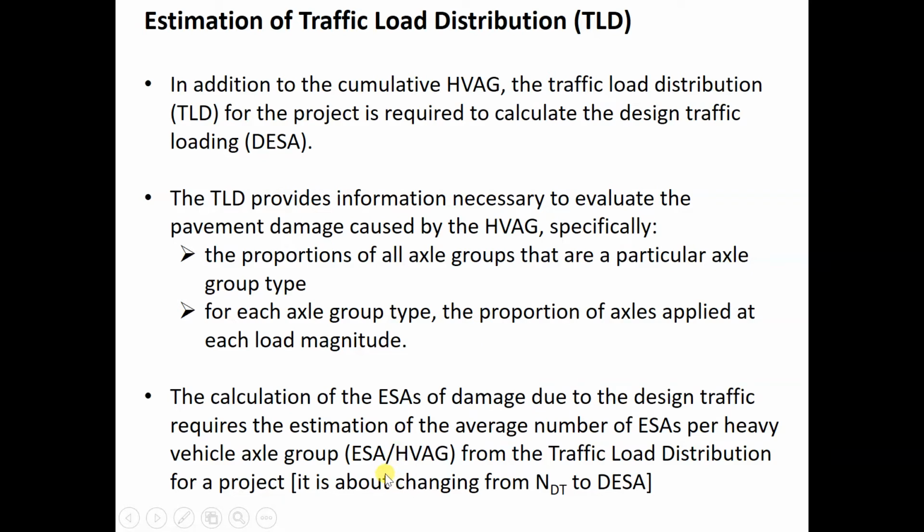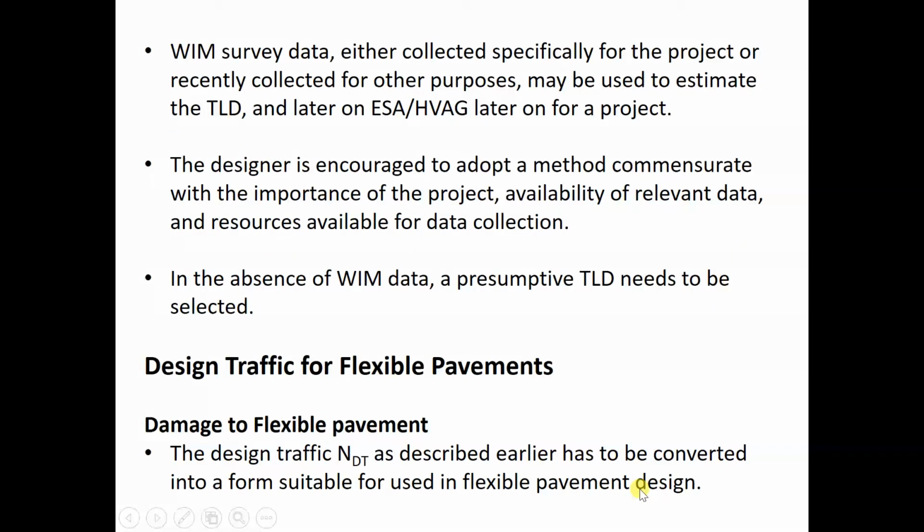So the conversion factor for the average number of ESA per heavy vehicle axle group, we need to find out later on. That means we want to change from NDT, whose unit is HVAG, to the ESA. Because there's a different factor.